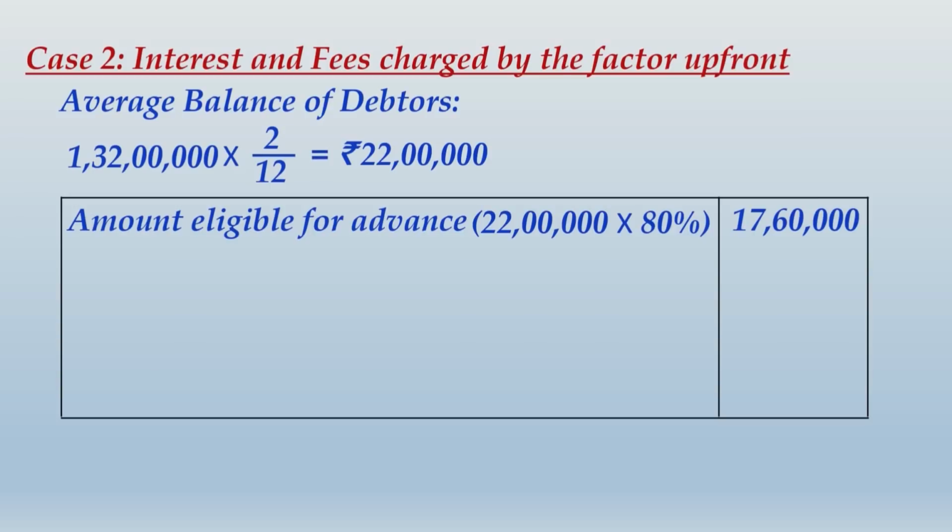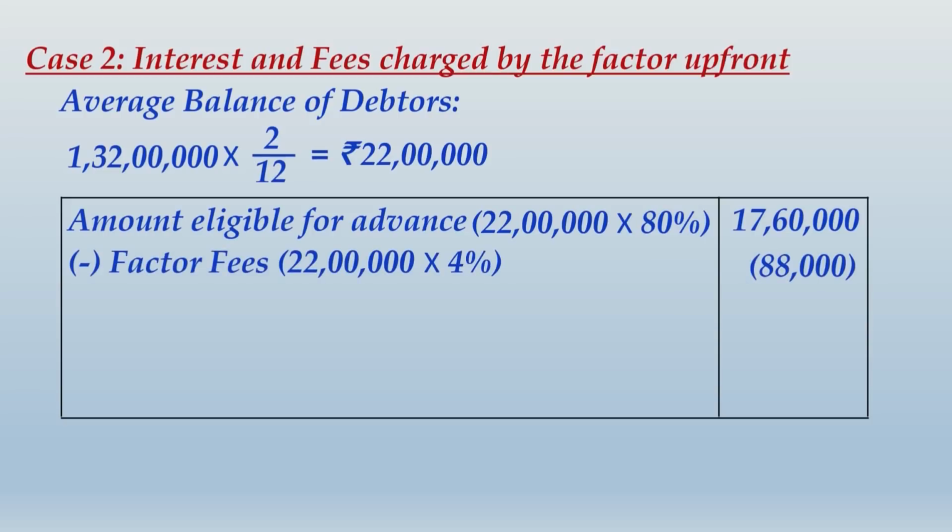This time the factor is collecting the fees for that cycle at the beginning of that cycle itself. That means it will be 4% of 22 lakhs which will be collected at the beginning. Because it is collected at the beginning, the amount of advance gets reduced. That means the amount which is eligible for advance gets reduced by 88,000. The amount now is 16 lakh 72,000.